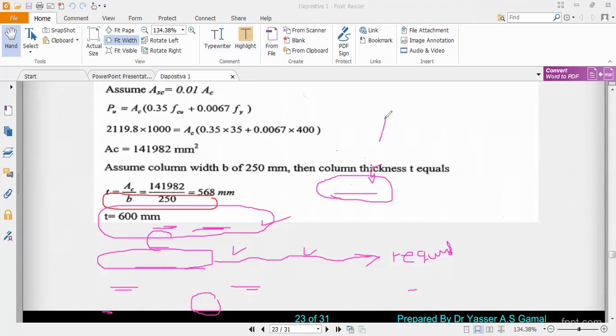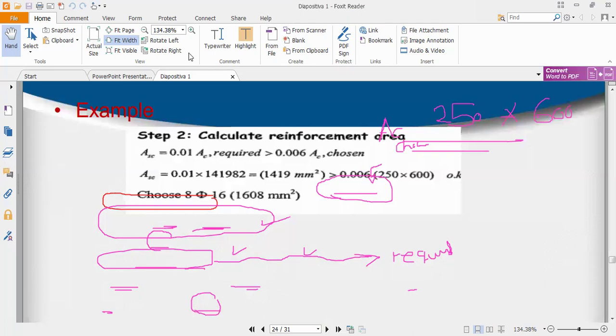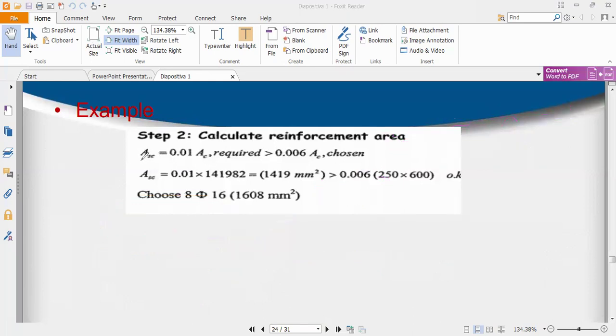So in the final, the dimensions of area C are multiplied. Area C required is bigger than area C choosing.